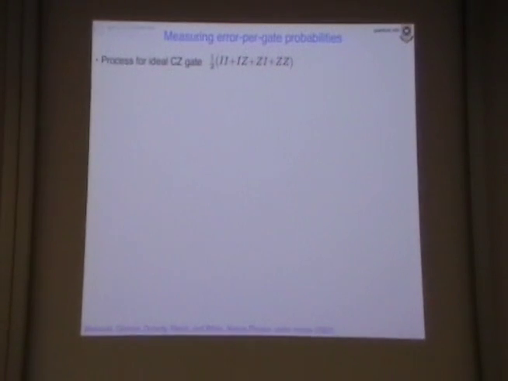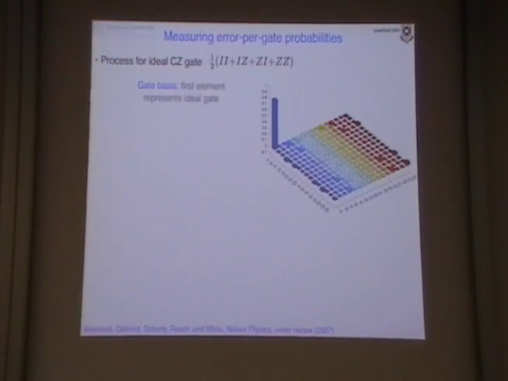The other problem is we don't actually know how to move from those thresholds that are calculated on the basis of some theoretical things and tie them to what we do in the lab. So for example, for an ideal control Z gate, this is related to the control NOT gate, you can rotate it into a basis where that big blue spike represents do the ideal gate on the control and target qubits.